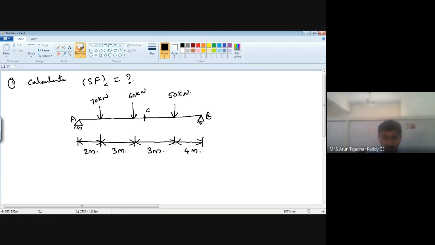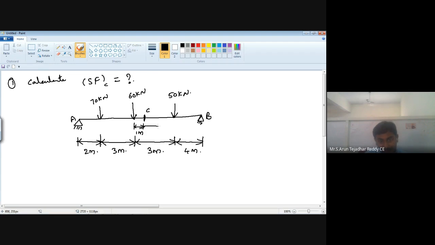Okay, and at this point, calculate the shear force value. From this load to point C is 1 meter. The total 60 kilonewton to 50 kilonewton span is 3 meter, but the 60 kilonewton load up to point C is 1 meter.